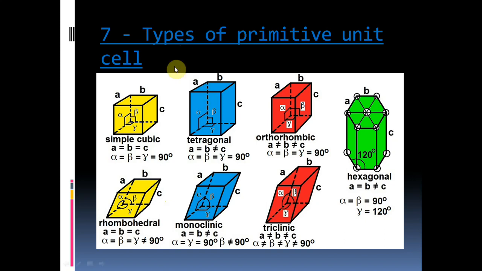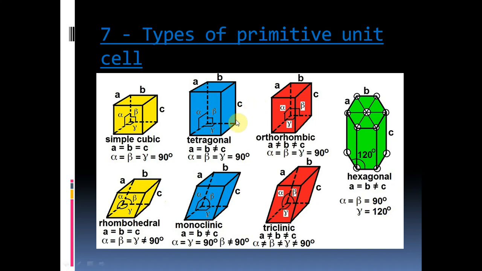The first one is the primitive or the simple cubic cell, where A is equal to B is equal to C. That means all 3 edge lengths are same, as well as the angles made between them are also same, which is equal to 90 degree. That is our simple perfect cube. Clear? Edge lengths are same and all the 3 angles are 90 degree.